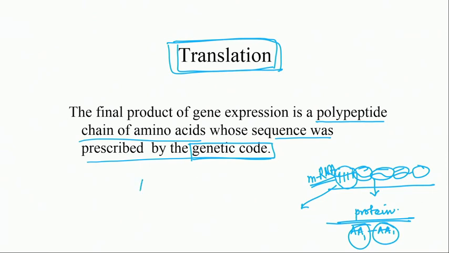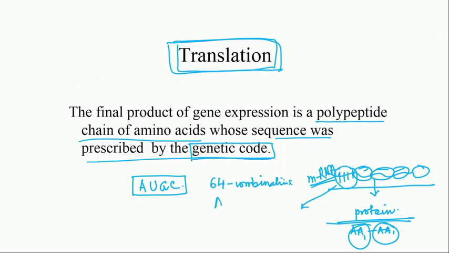RNA we have these 4 bases: A, U, G, C. Now, the genetic code is a 3-letter code. That means, out of these 4 bases, by permutation and combination, you can have 64 combinations if you want to make a 3-letter code from these 4 letters.